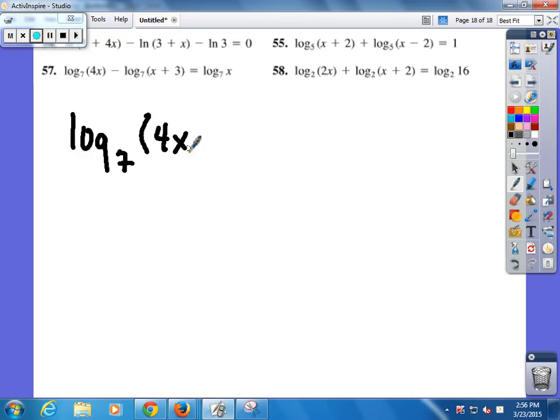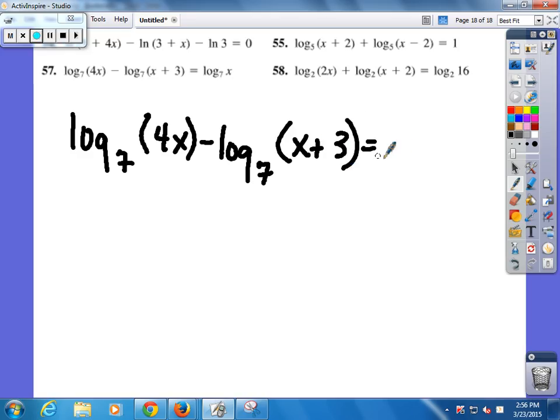So log base 7 of these two guys, I'm just going to write everything out right now. Log base 7 of 4x minus log base 7 of x plus 3 is equal to log base 7 of x. Now, if these two are written as a negative, how else can we rewrite this?